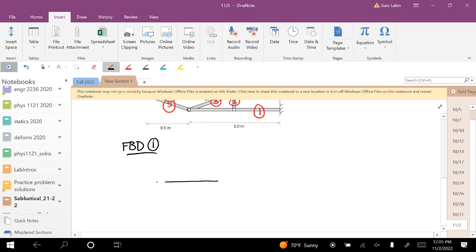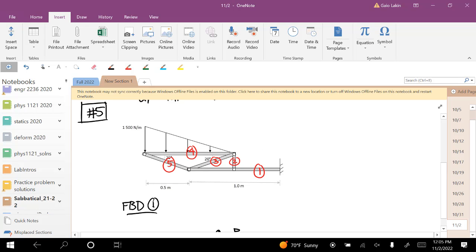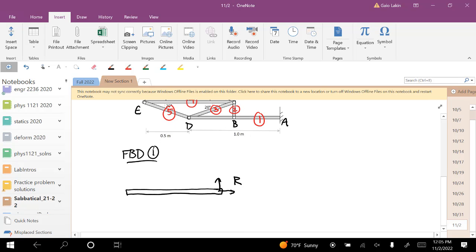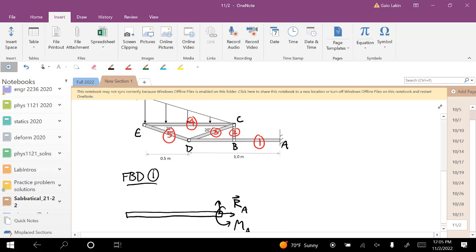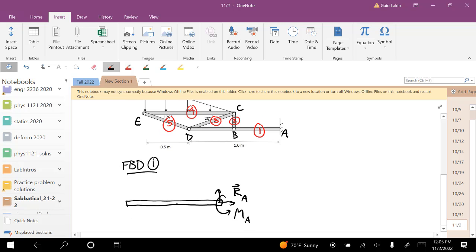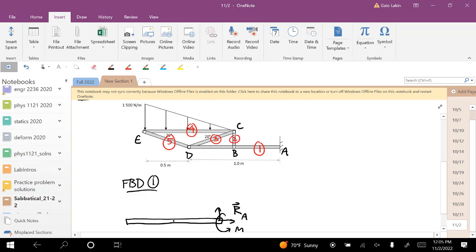Okay, so number 1, you're going to have this. Let me name these: A, B, C, D, E. Okay, so RA and a couple, I'll call it MA, because that's a fixed joint. And then, do these have weights?